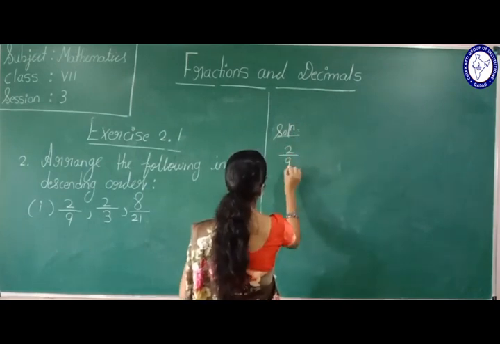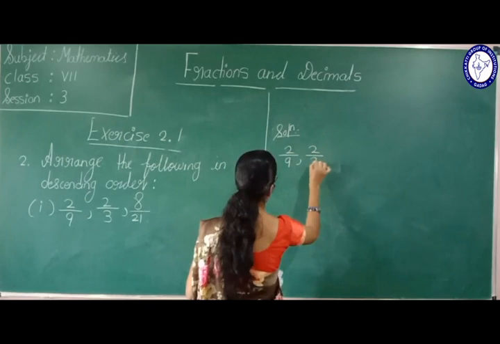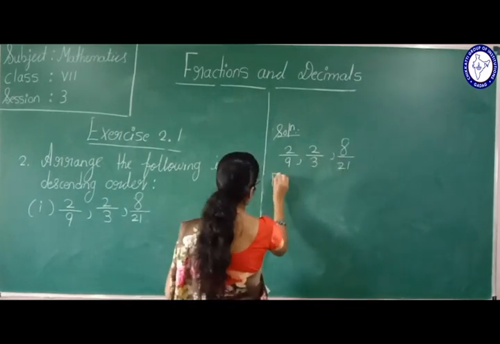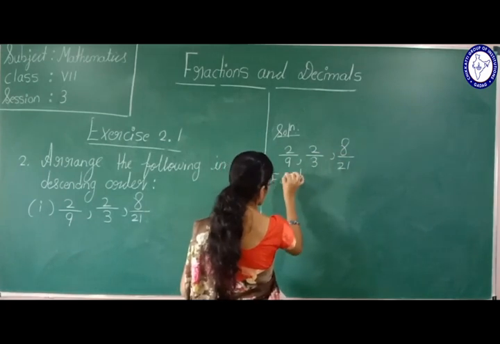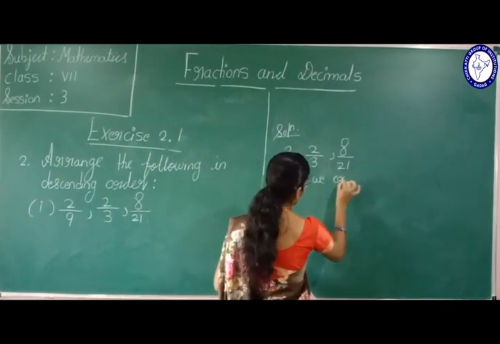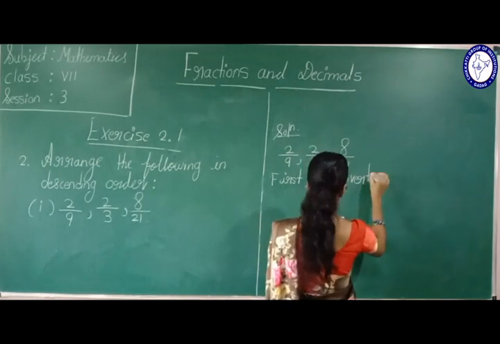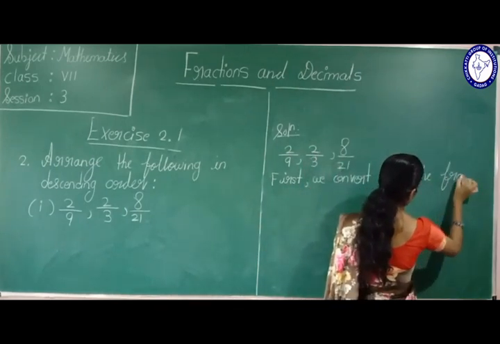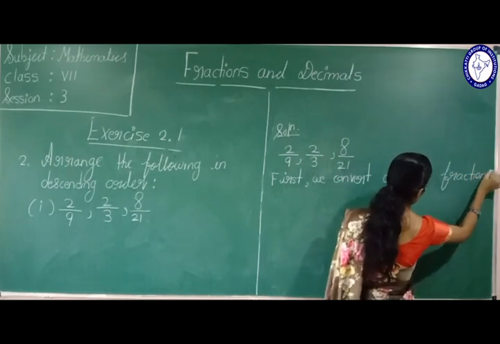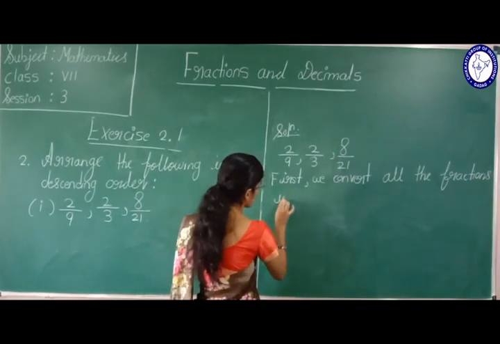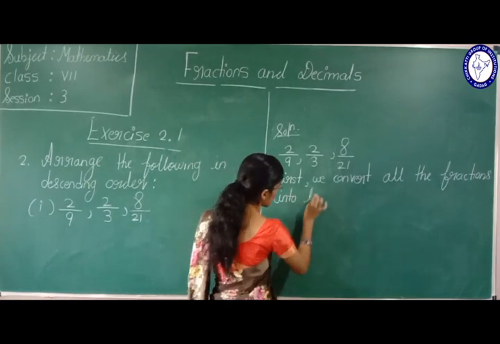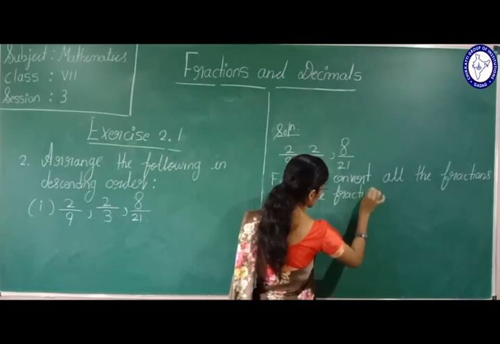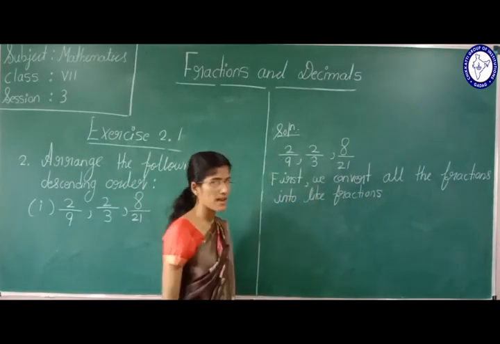Given is 2 by 9, 2 by 3, 8 by 21. First we convert all the fractions into like fractions.